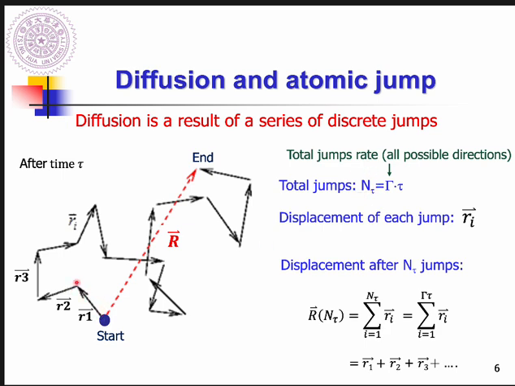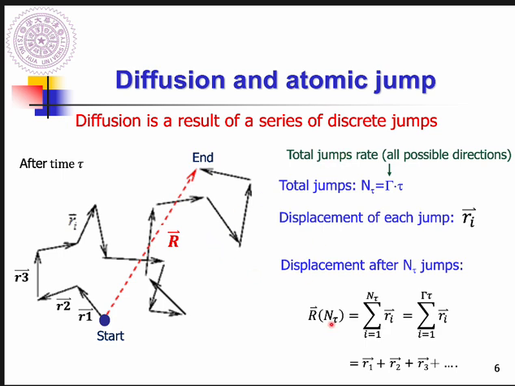Then you multiply by the total time, and you get the total jumps. For the displacement of each jump, we use a vector small r_i. We sum all the small r_i together, and then we get capital R, the total displacement after n tau jumps. So you sum the vectors for each jump together, from r_1 to r_n tau, and you get the vector capital R, which we call the total displacement after n tau jumps.